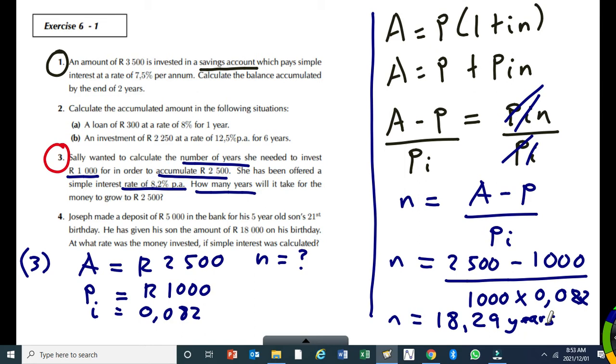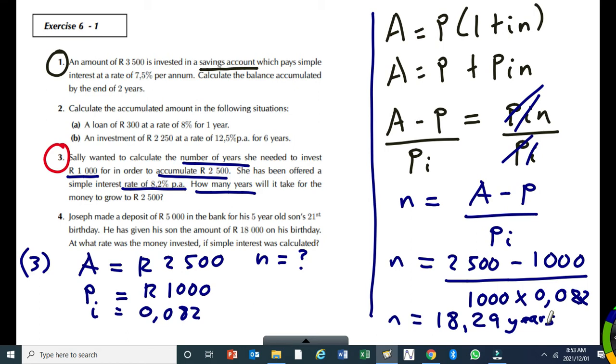So that will be about 18 years and 3 months. Approximately, it will take about 18 years and 3 months to accumulate 2,500. This is financial math, and we are not told that we should round it off to the nearest integer. Therefore, we will leave our answer to 2 decimal places.